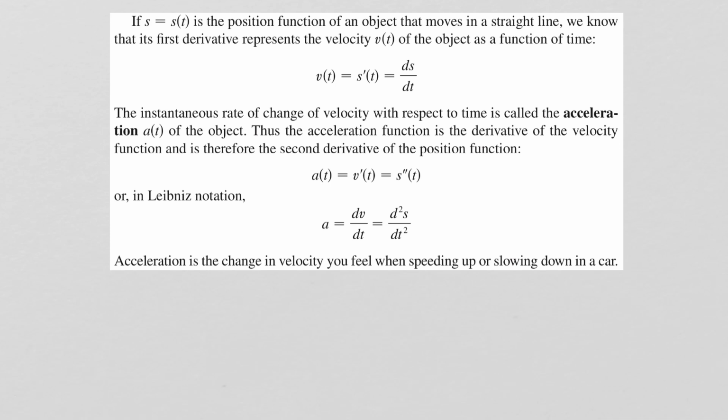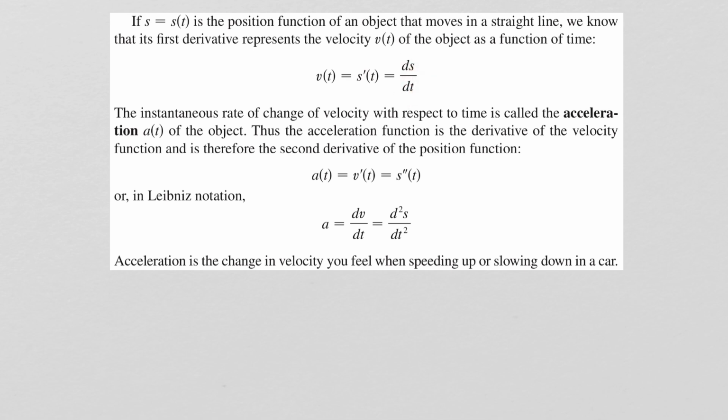One more comment about derivatives and their relationships. If s equals s of t is the position function of an object that moves in a straight line, we know that its first derivative represents the velocity of the object. So v of t is the same as s prime of t, or ds dt.